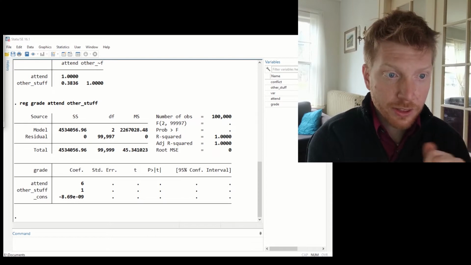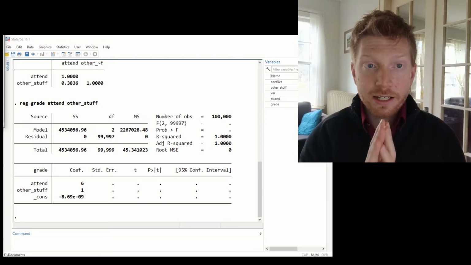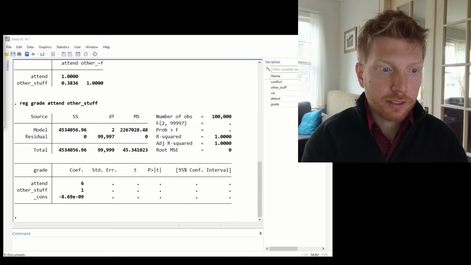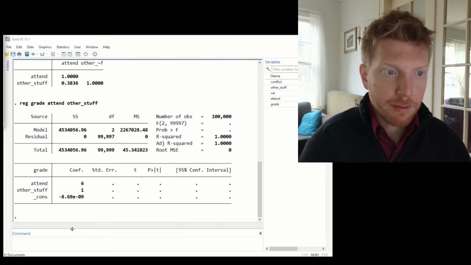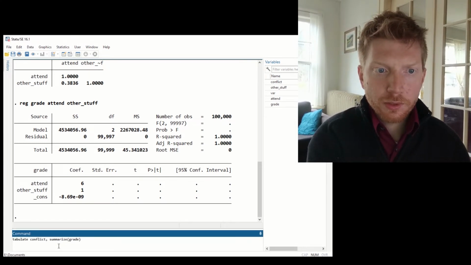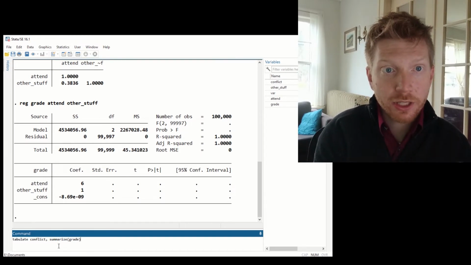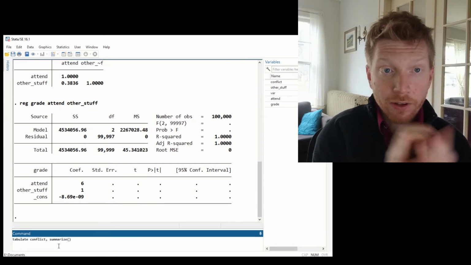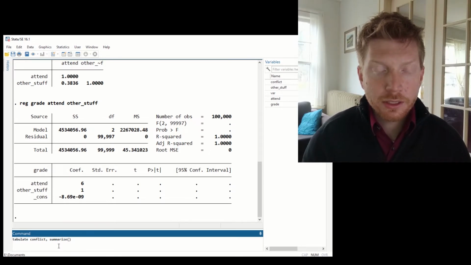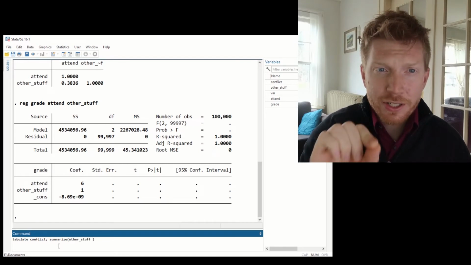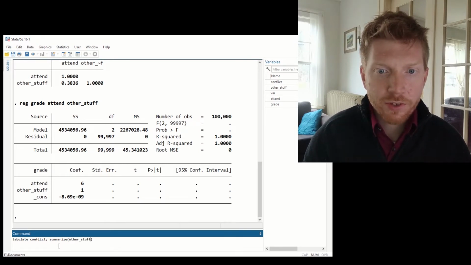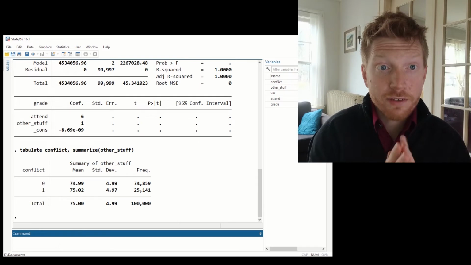So let's think through this idea of having the conflict and what that means. I'm going to use the tabulate command here to look at how grades differ for people who have the conflict and who do not. Actually, because we can see the other stuff, let's first look at whether other stuff differs.